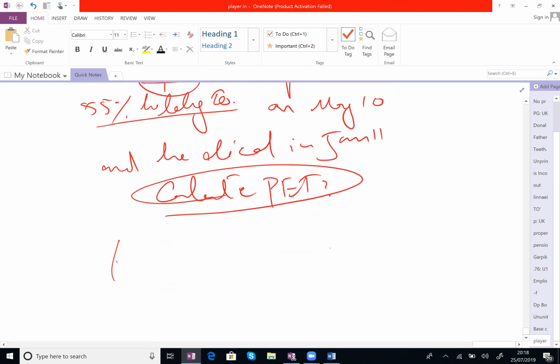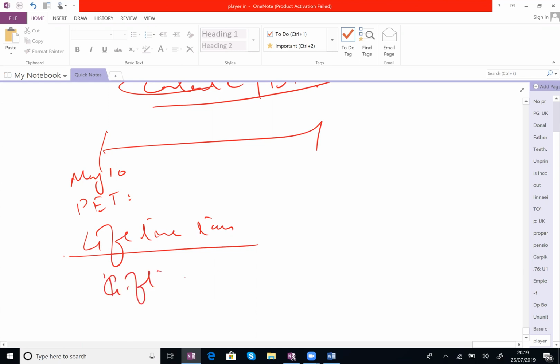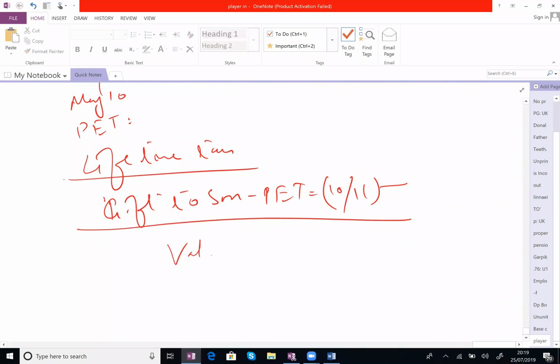Now make the timeline. In May 2010 you are making the gift, a PET, so first we calculate lifetime tax on this lifetime gift. Gift to son, it is a PET, tax year 10/11, and what is the value of transfer? 689,285.